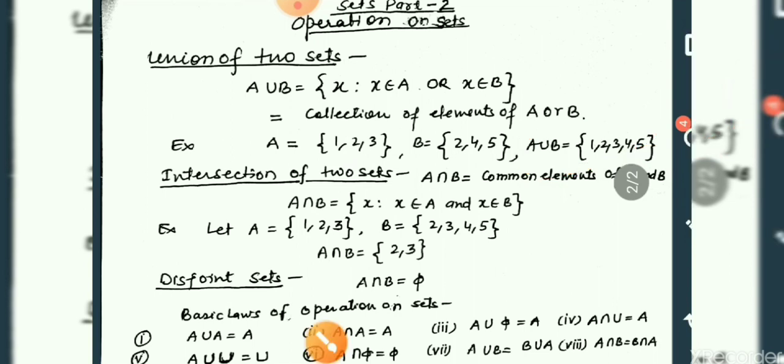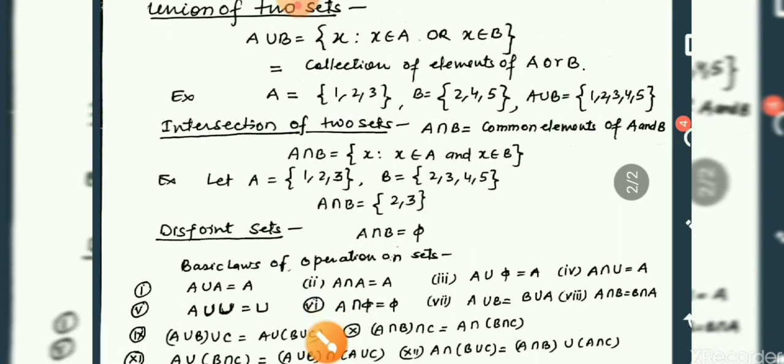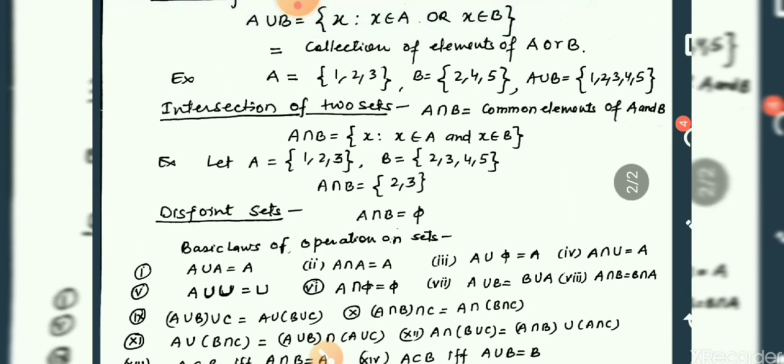Now we shall move to our next leg, that is intersection of two sets. What is the intersection of two sets?